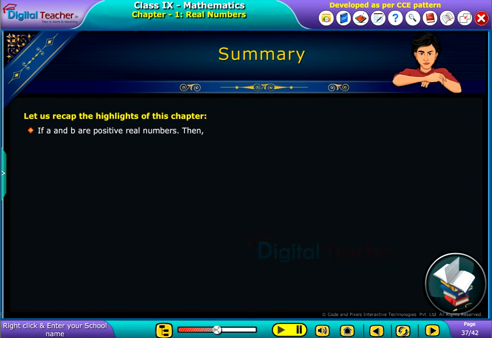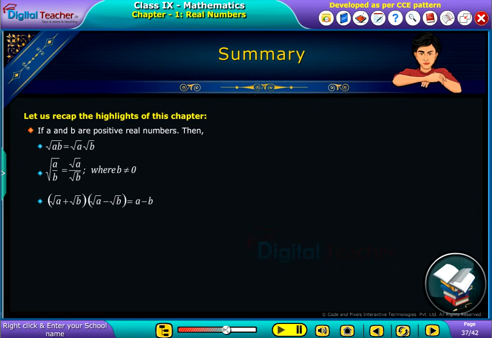If a and b are positive real numbers, then root ab is equal to root a into root b. Root a by b is equal to root a by root b, where b not equal to 0. Root a plus root b into root a minus root b is equal to a minus b. A plus root b into a minus root b is equal to a square minus b.